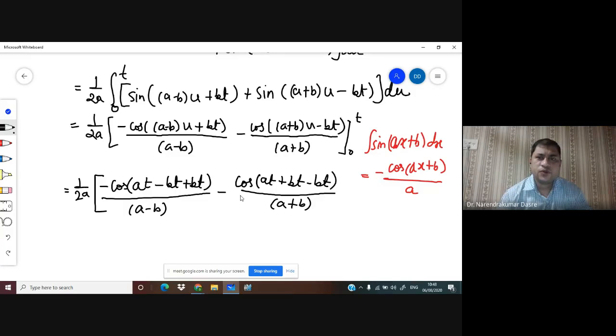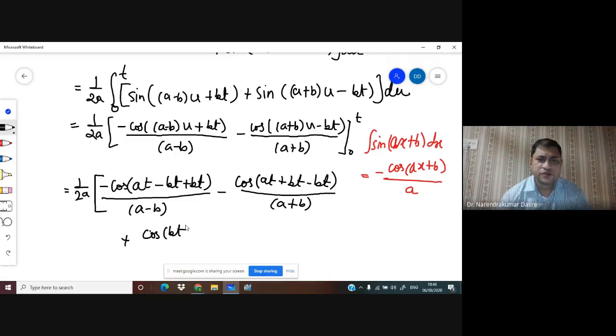Now what is the next term we have here? If we put 0, this will become plus, because we are using the lower limit: minus minus plus. Then cos of this u will be 0.